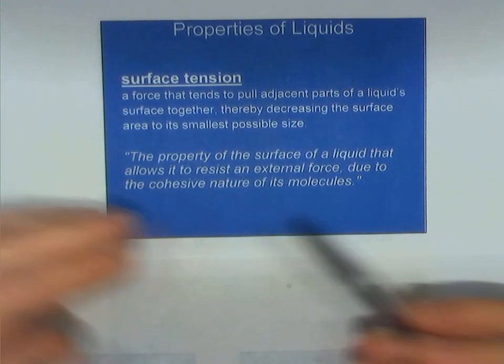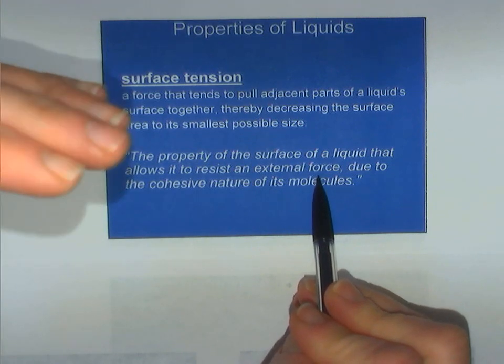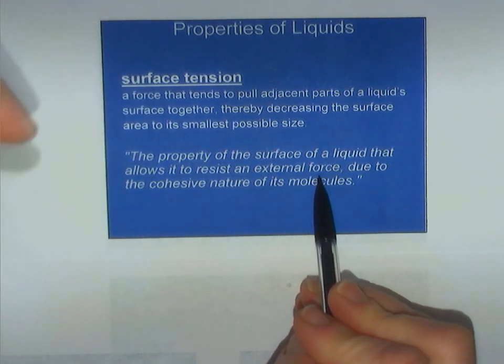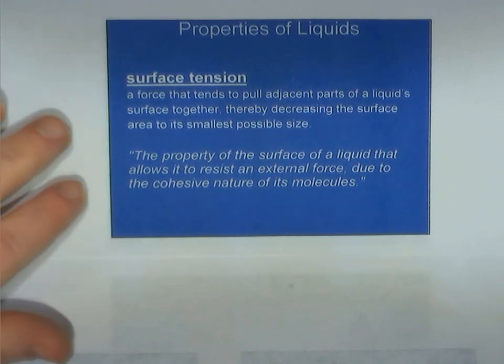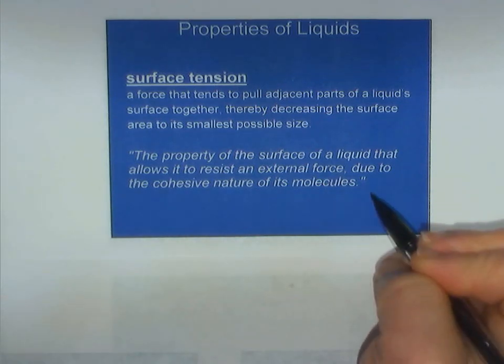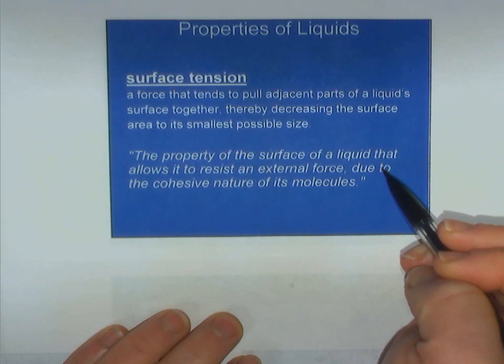But we understand that it allows a force to appear, a strength, that can then support more weight than could otherwise be supported. All right, that's surface tension. Different liquids show different degrees of surface tension based upon the strength of their particle attraction.